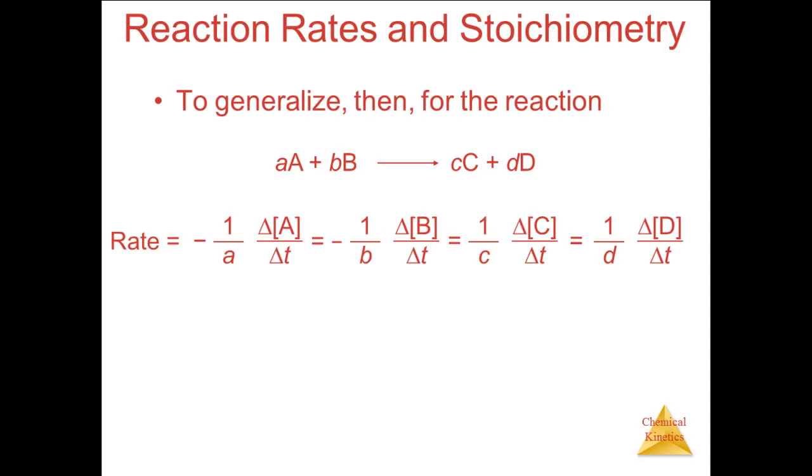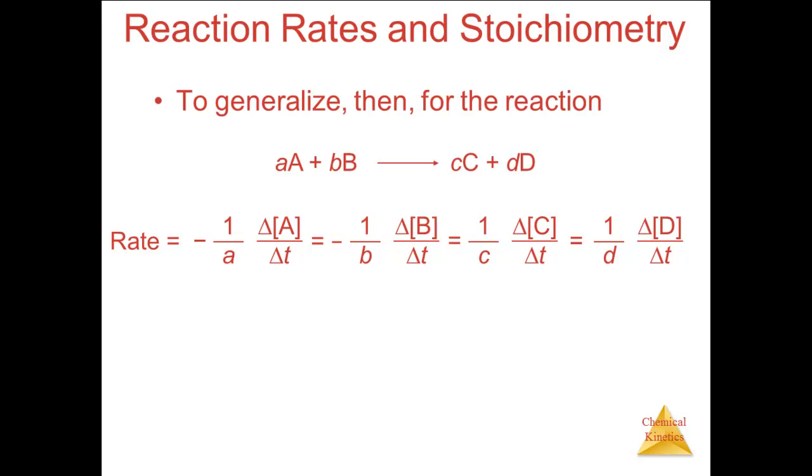The rate is equal to -1 over a times the change in concentration of A over the change in time, which is equal to -1 over b times the change in concentration of B over the change in time, which is equal to 1 over c times the change in concentration of C over the change in time, which is equal to 1 over d times the change in concentration of D over the change in time.